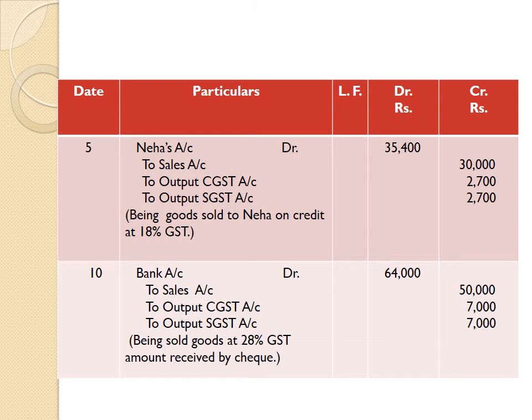To output state GST, that is SGST account, 7,000, being sold goods at 28% GST and amount received by check.